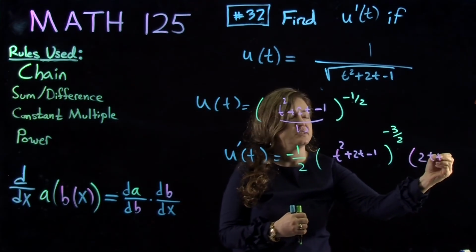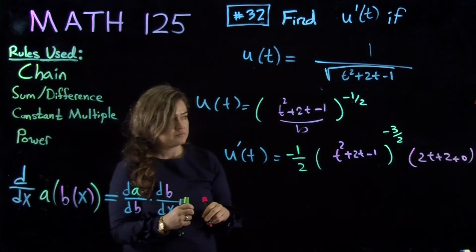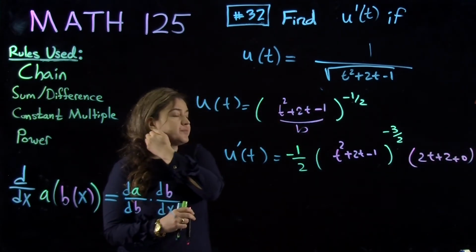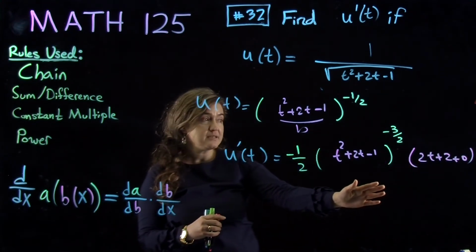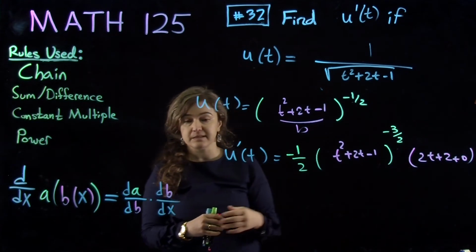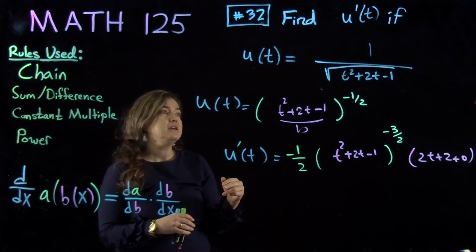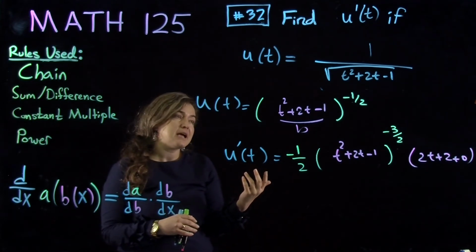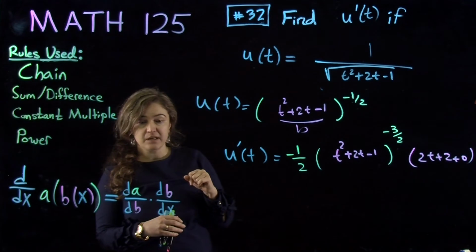Which is 2t plus 2 plus 0. You don't need to simplify any of this. You can enter this in WebAssign and we'll accept it. The important part is that the power does not distribute in here.